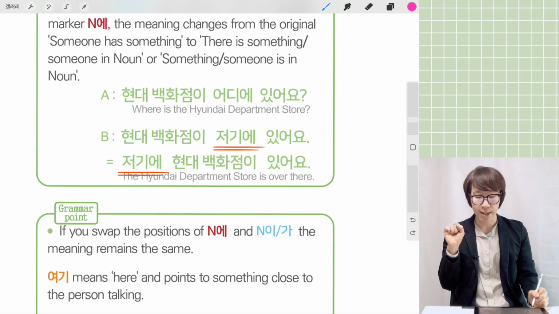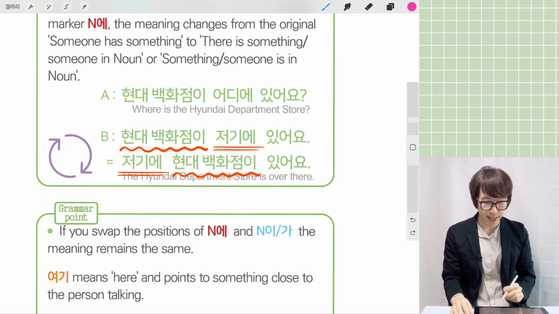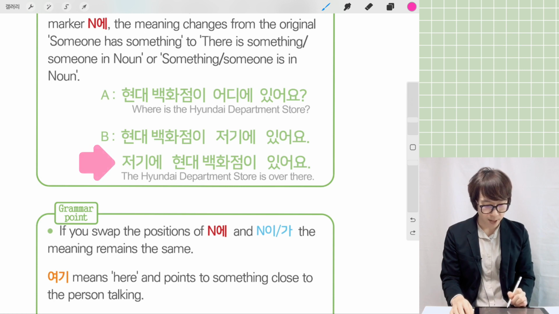And noun에 and noun이/가 can be swapped, and the meaning is still the same. So you can say 저기에 현대백화점이 있어요, same as 현대백화점이 저기에 있어요.